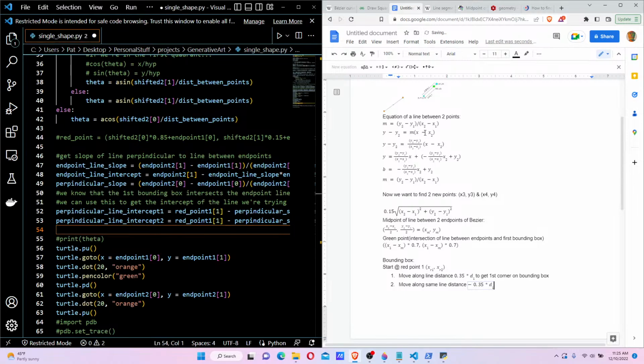Okay, so now we have these 2 points, and so corner points should just be, we'll just call them, so there's 4 corners obviously, x sub c1, y sub c1, and then I guess I'll just copy that 4 times.